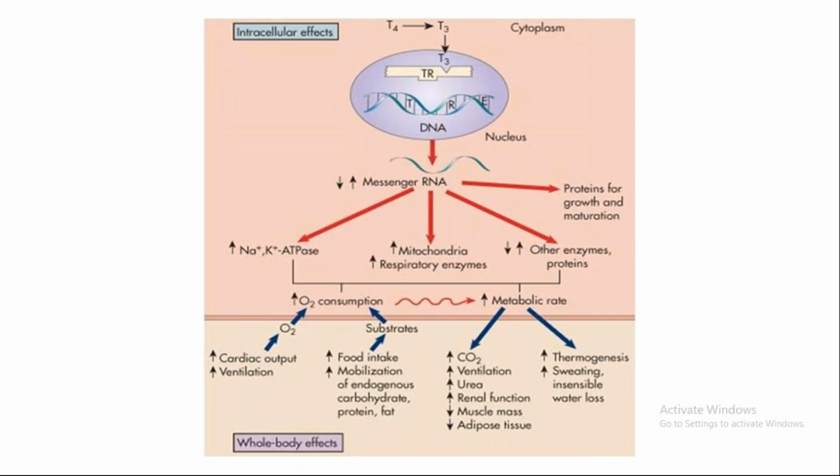Before that we have to see the thyroid hormone receptor. Regarding the structure, there are alpha and beta subunits. The alpha receptor gene is located on chromosome 17.